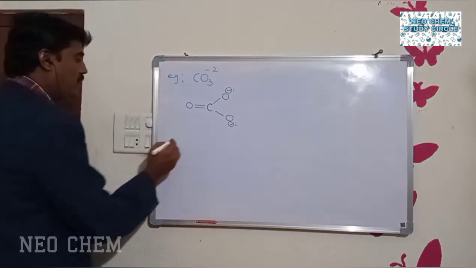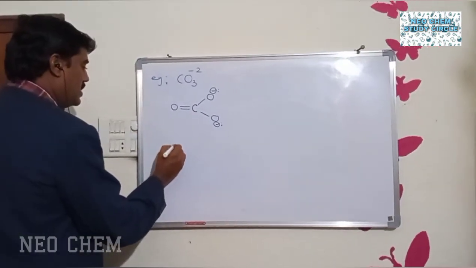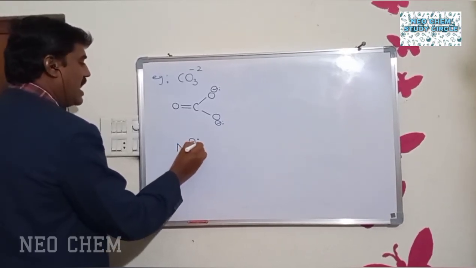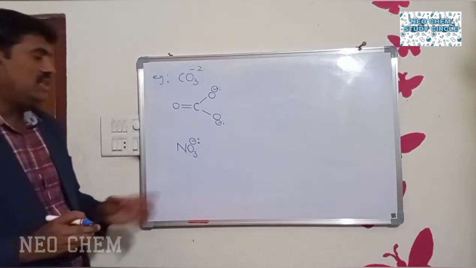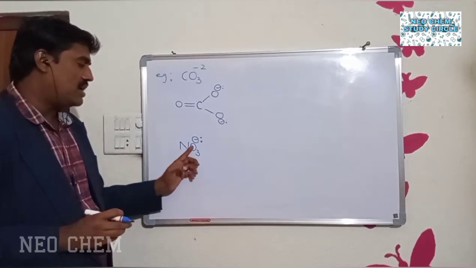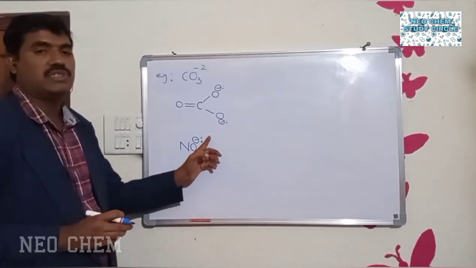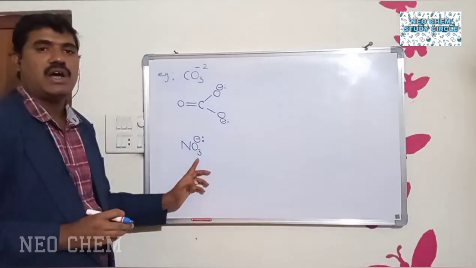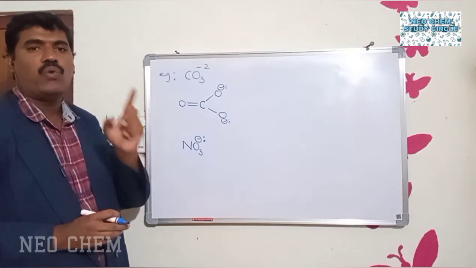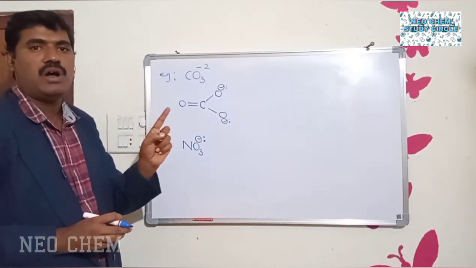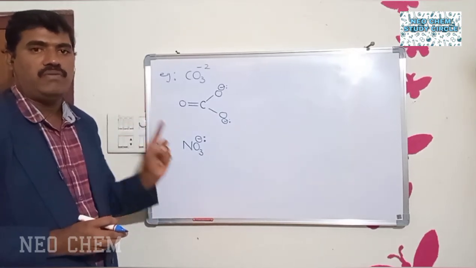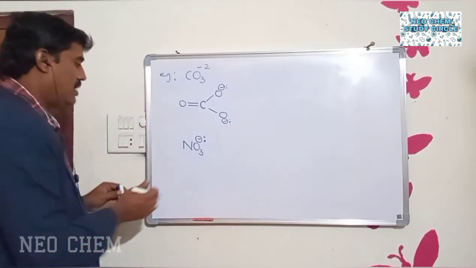Right? One more example. NO3 minus 1, nitrate ion. In this ion, there are 3 oxygen atoms, and together, 1 negative charge. That means of the 3 oxygen atoms, we should write only one oxygen with a single bond and negative charge, and the remaining 2 oxygens with a double bond, like this.